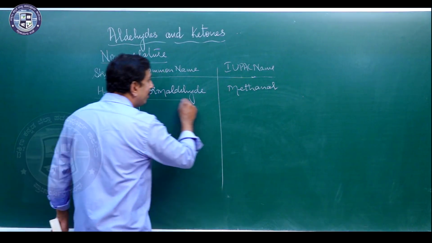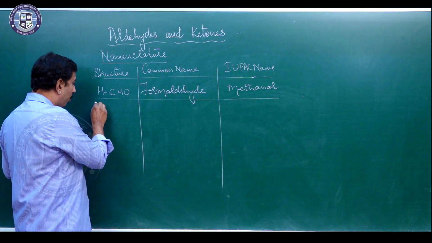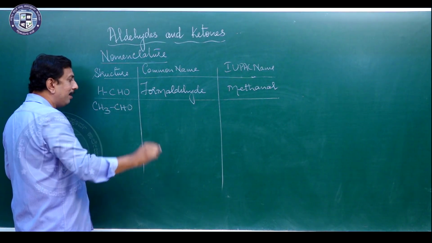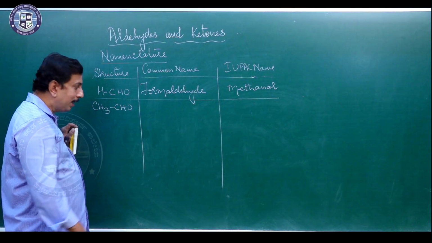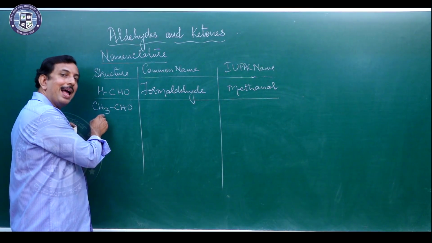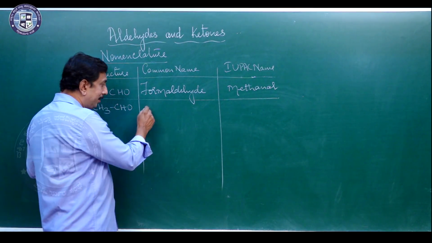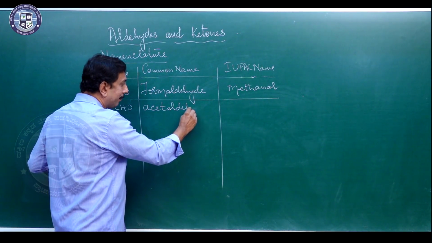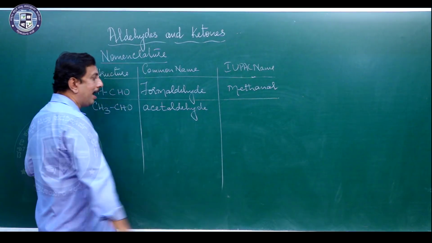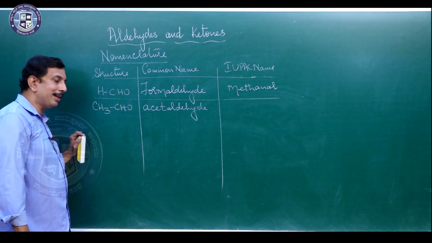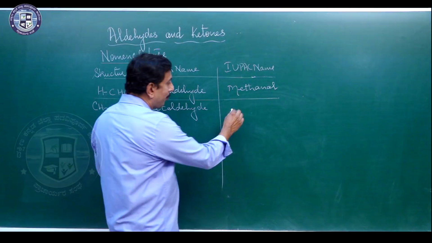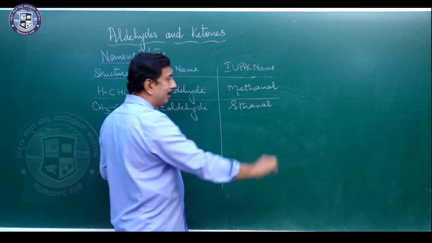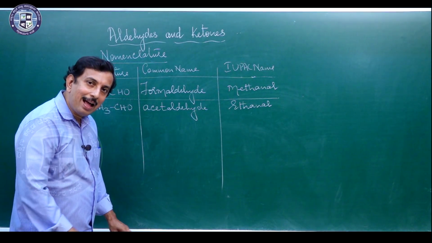The second compound in this series, another important compound, we can see here the R group, which I have shown in the general formula RCHO. The R group is CH3, methyl group. In the common system, it is called acetaldehyde. Common name is acetaldehyde. And what is the IUPAC name? The IUPAC name is ethanal. Why is it ethanal?